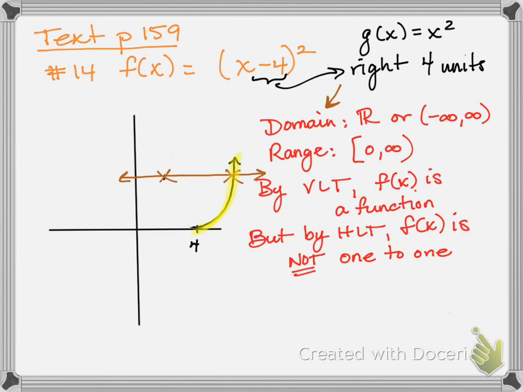So the question was asking, find the domain on which the function is 1-to-1 and non-decreasing. Well, the domain is now going to be restricted to 4, positive infinity, where 4 is included and it goes on forever because we're basically saying to the right of 4.